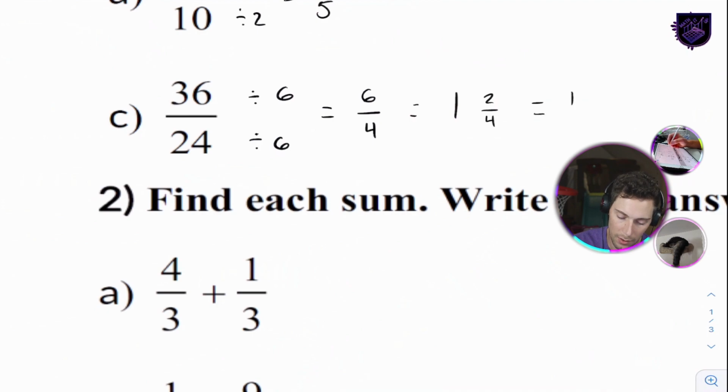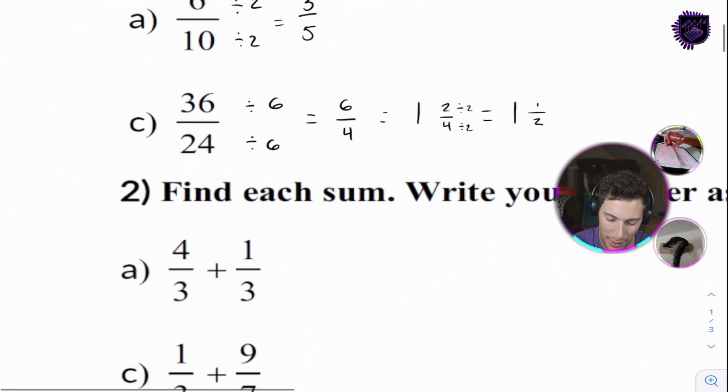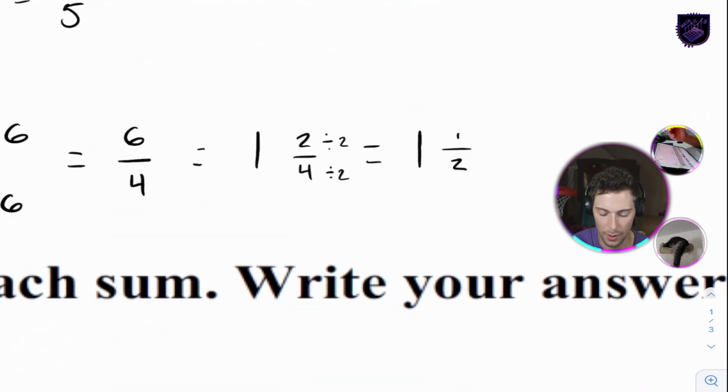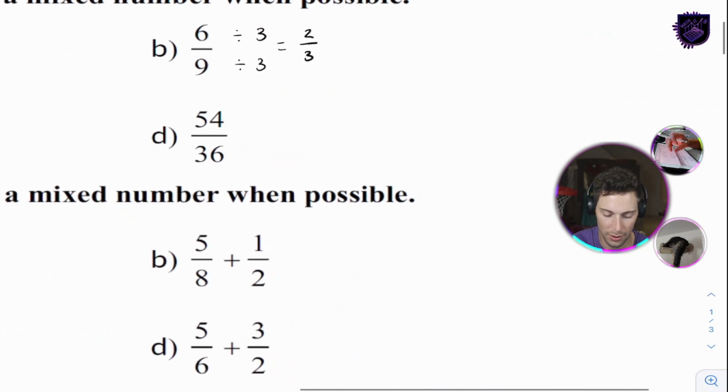This is going to be equal to 1 and 1/2, because I can divide both those by 2. Now, 12, that's what it is. I could have divided these by 12. Anyway, we got there. So even if I started dividing by 2 at the start, or by 3, it would have got down to this. This is the answer here, 1 and 1/2. Just took an extra step.